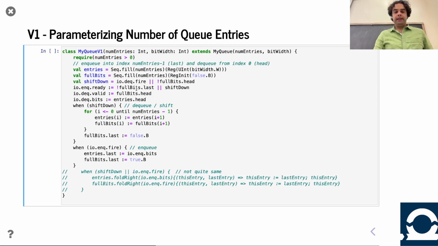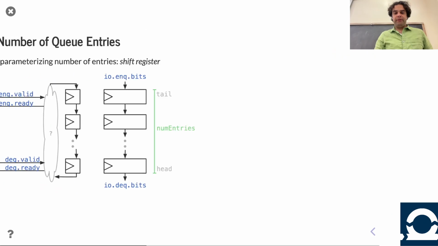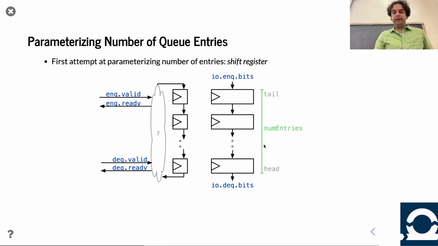Okay, and then what are the middle pieces here? Well, there's this notion of when we want to shift down. We'll worry about the logic in a second, but for now, let's say we are shifting down. What does that mean? Well, for the entries, we want to connect to the prior entry to move things down. Cool. So if you go back to the prior slide, you may have noticed I had this gray text for head and tail.